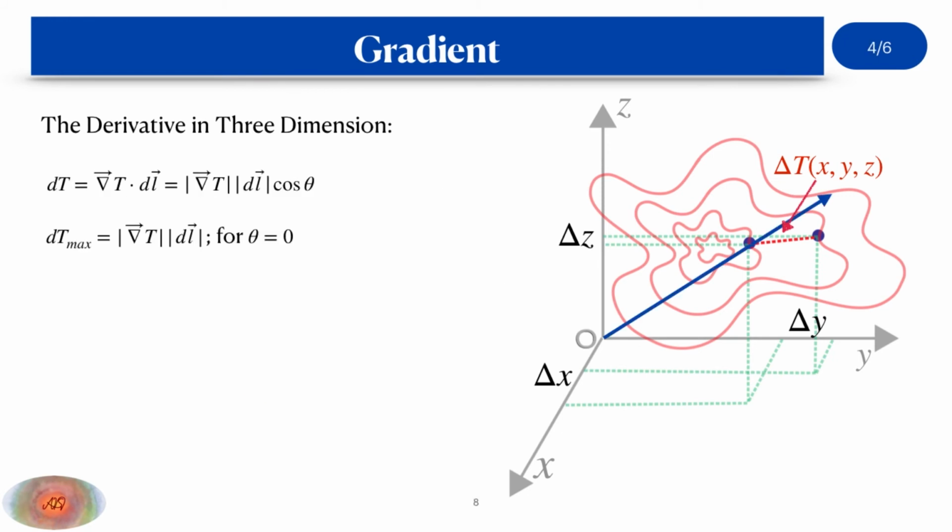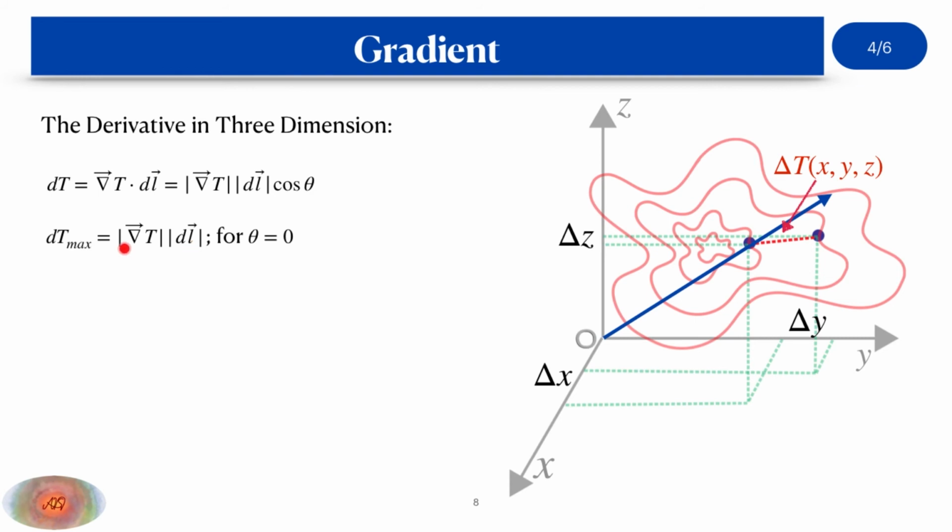Now if you consider that theta is equal to 0, then the dot product gives you the maximum value of the product. And what is the maximum value in this case? The maximum value represents the maximum change in the temperature, or the scalar field, which is equal to the product of the gradient times the infinitesimal distance that you are moving.